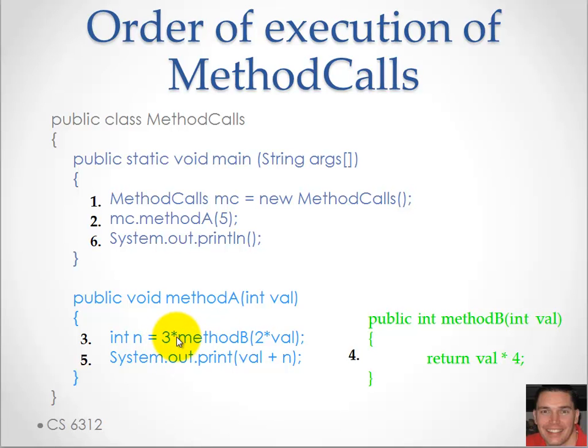In executing this line, it ends up calling method B and passing in 2 times whatever value is passed in, which then executes this line here in method B. When that line is done executing, it returns. It returns here, does this calculation, and executes this line next. When that's done, it returns back and executes this line right here. So that is the order of execution.